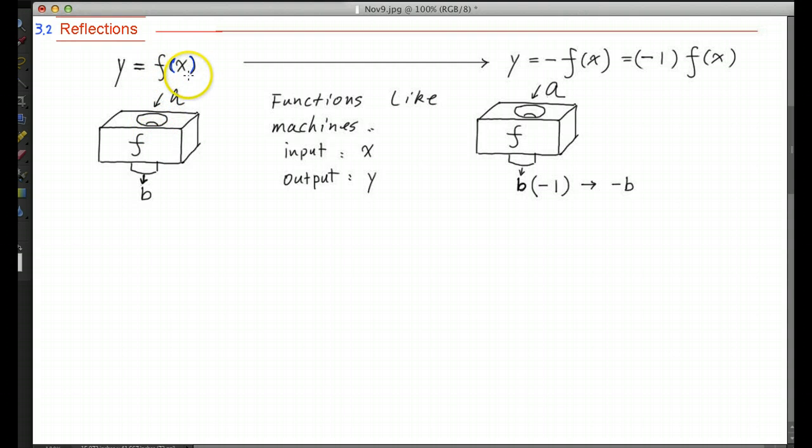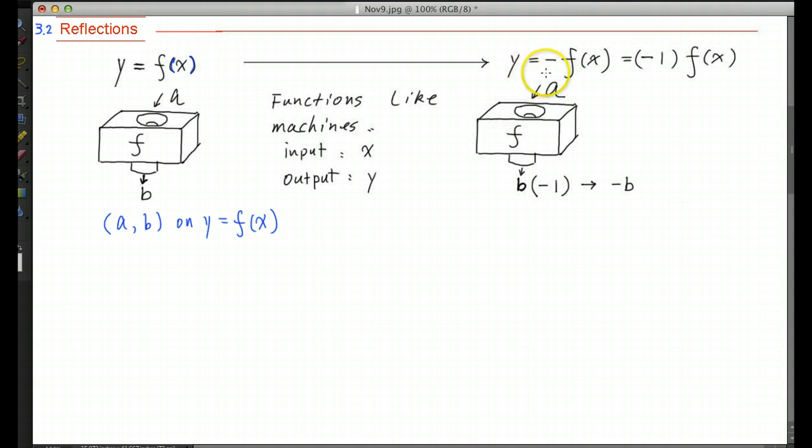So for example, if we put an a into the x, and after the function it produces a b, then basically we're saying a, b is a point on y equals f(x).